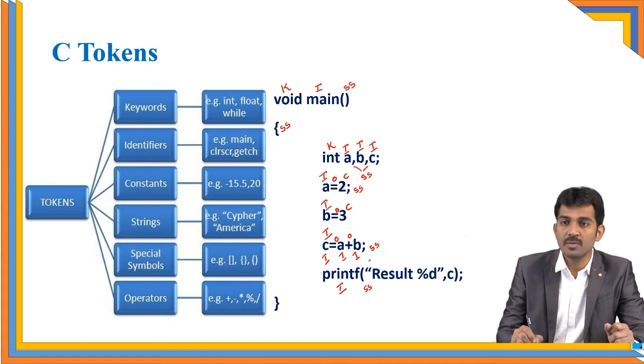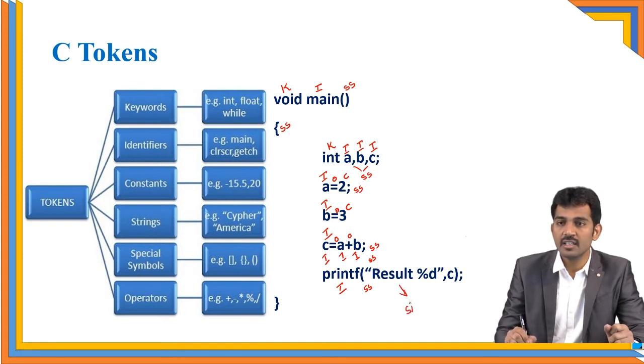And these quotes also come as a special symbol, right? When you write it inside the quotes, the entire thing is considered a string. This is the string, right? And again, comma is a special symbol. Again, C is the identifier, and these are the special symbols.